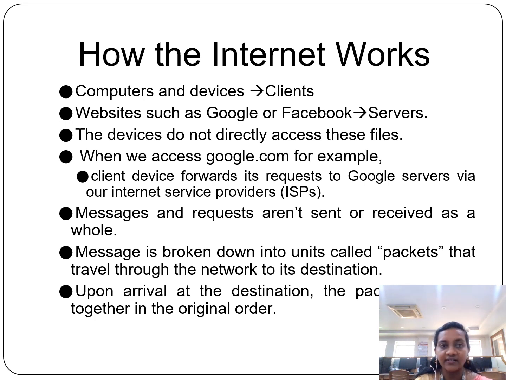As we discussed in the previous animations, messages and requests aren't sent as a whole. Instead, they are divided into smaller packets, which are routed through different networks and finally reach the destination. At the destination, the packets are reassembled to give you a complete message. So this is the case study of the internet which uses packet switching.